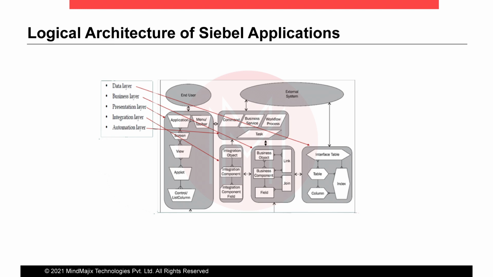So what are those objects? Workflow process, business service, command, task. These are the objects which help us with automation. That's why we call it the automation layer. So this is the high level architecture of the Siebel objects. Okay. We have segregated it into 5 different parts, and these are the objects.